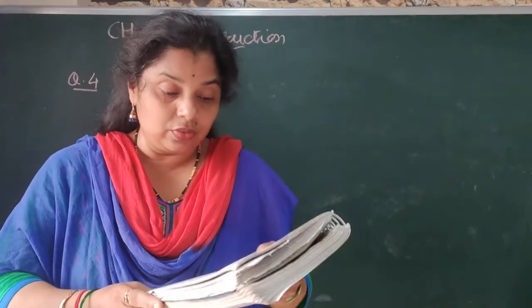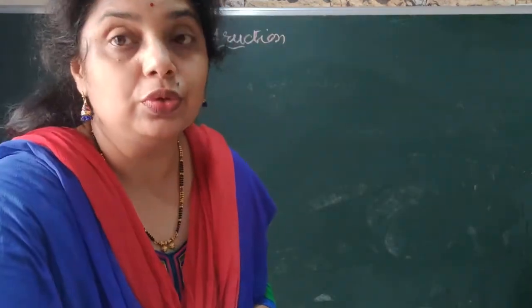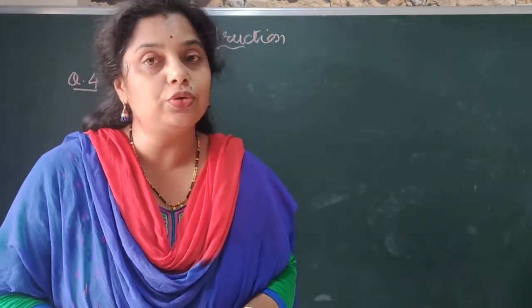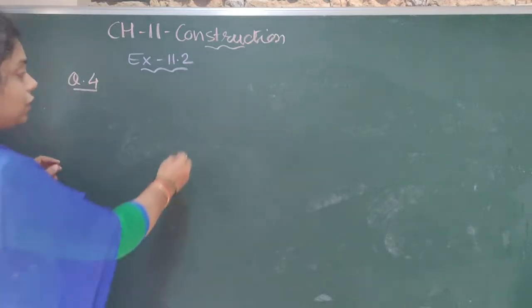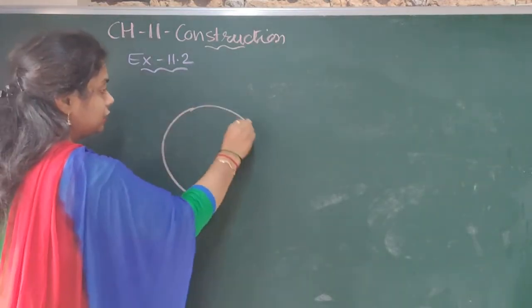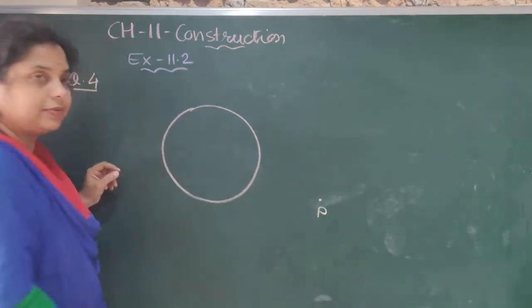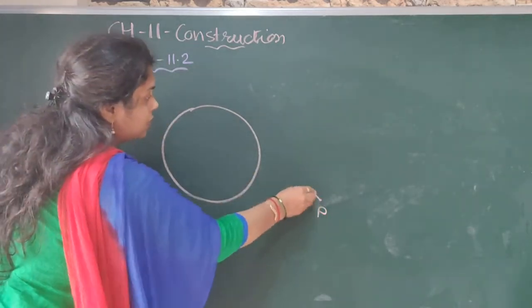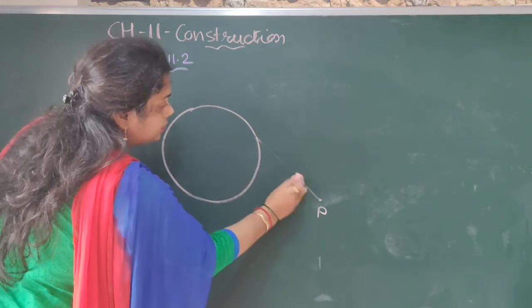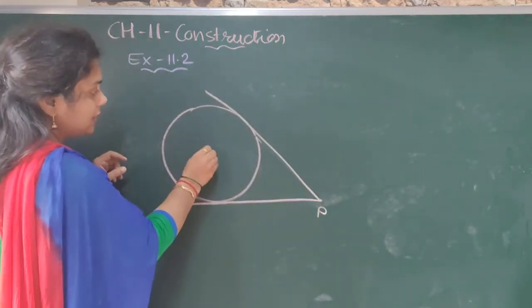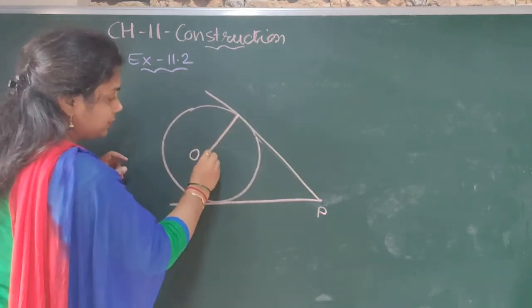For that we have to make a rough diagram. I am going to show you first. So what are they asking? They are asking that if this is the circle, and there is an exterior point, and these are the tangents like this, and this is the center, the radius.